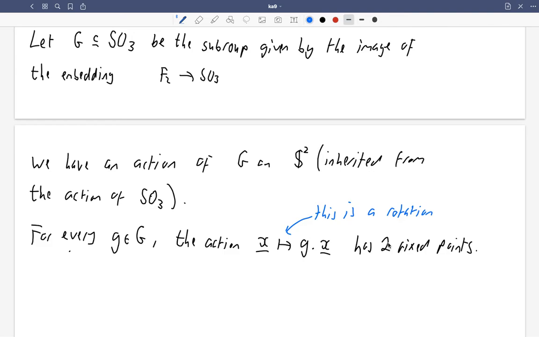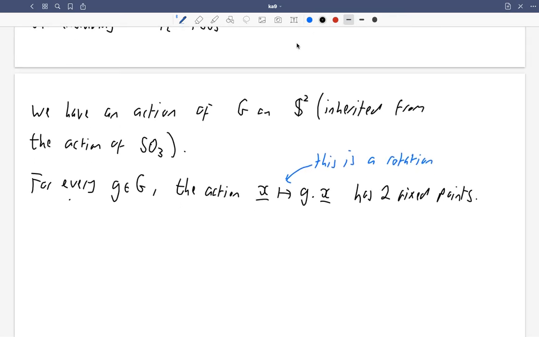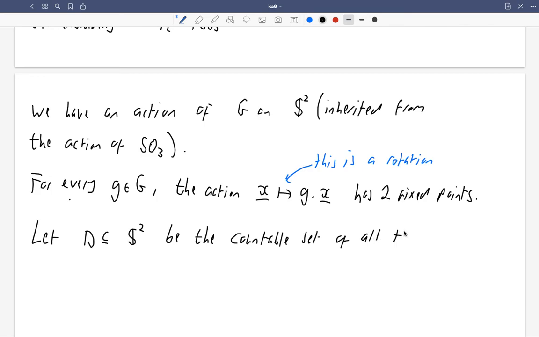So I'm going to identify the set of all these fixed points. Let D be the subset of S2, the set of all these fixed points. But it's a countable set. Why is it countable?